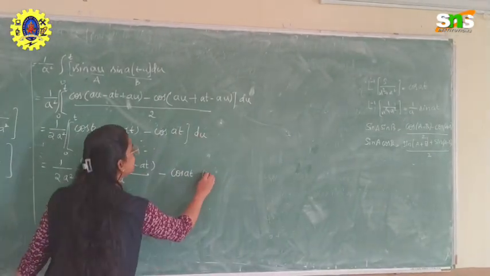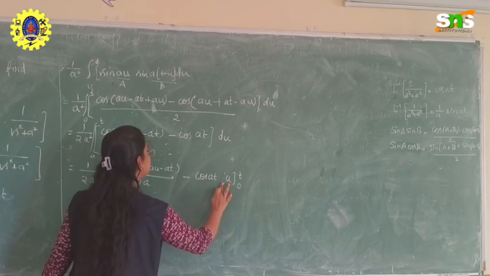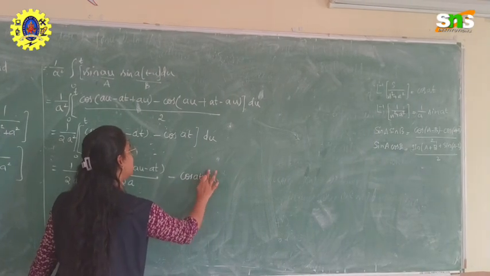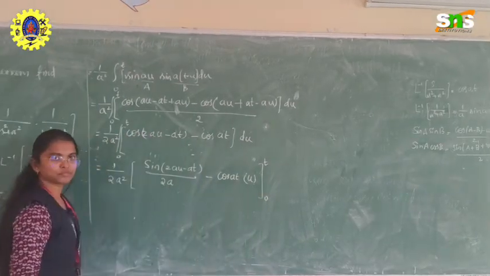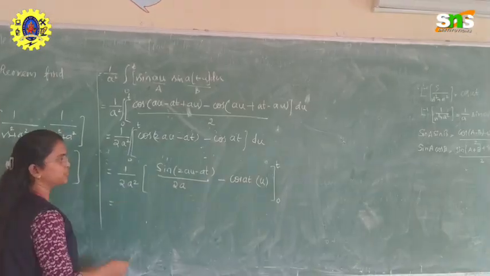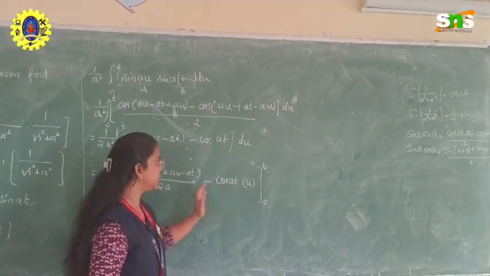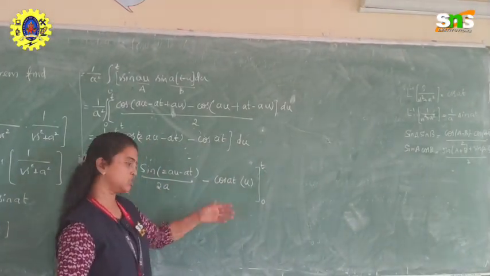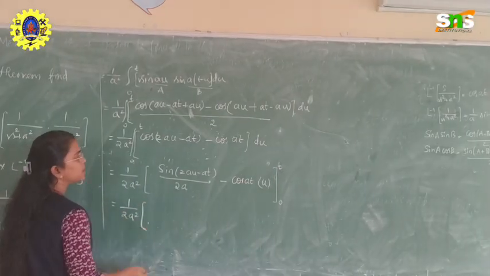So you get u, and the limit is 0 to t. Or else you can write the limit for the whole term. Now you have to substitute the limits: the upper limit t minus the lower limit 0. So now 1 divided by 2a square. The upper limit is t, right?